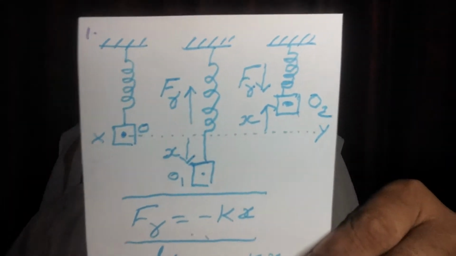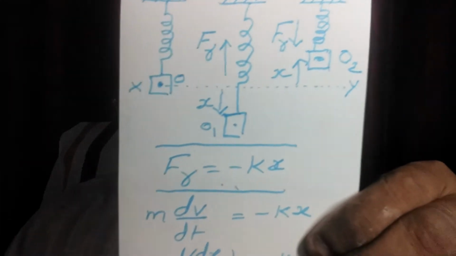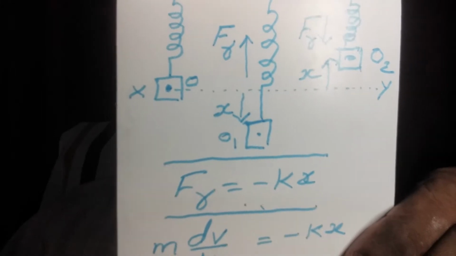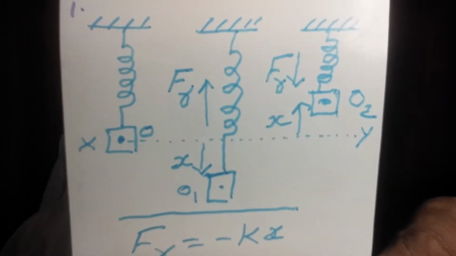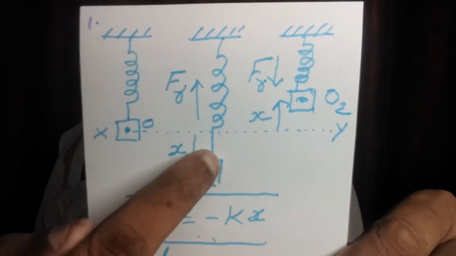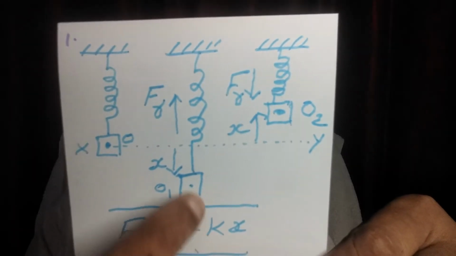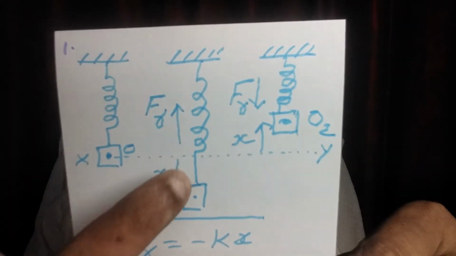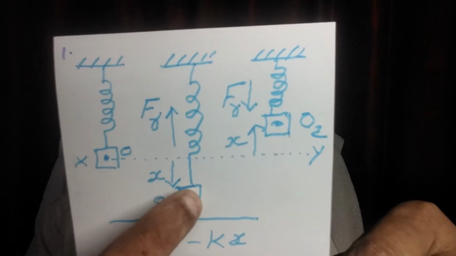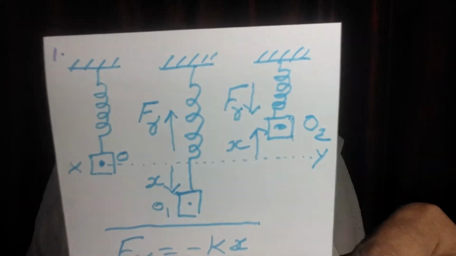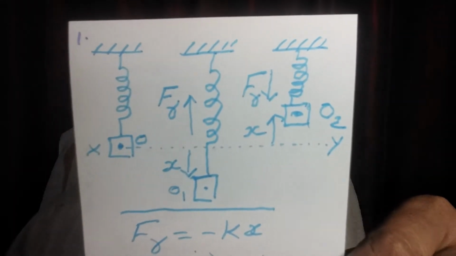We have seen that this restoring force Fr equals minus kx, where k is the spring constant or spring factor or stiffness. As we pull the block down and down, or as x increases, Fr also increases. So at a certain position, the block finds it difficult to move further downward, so it goes up under the influence of the restoring force.